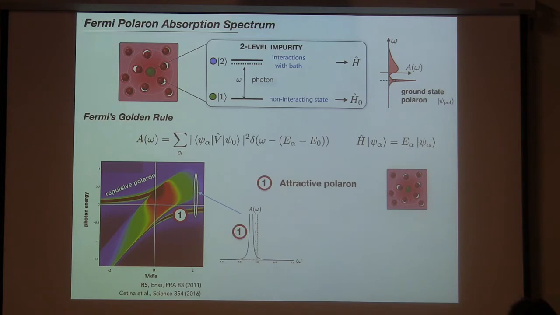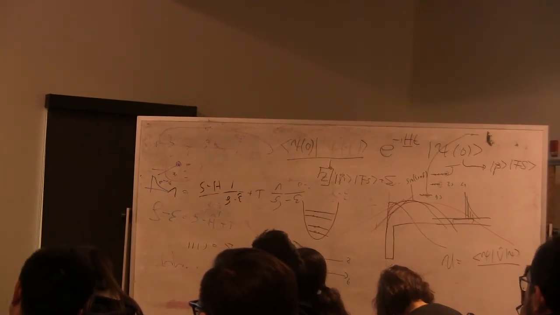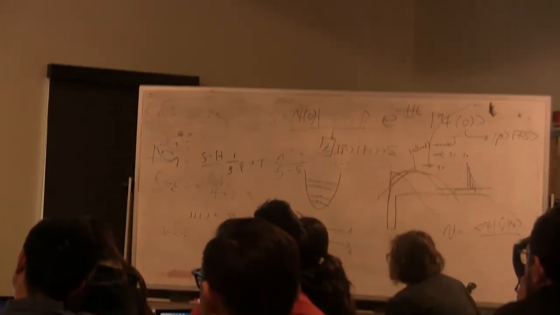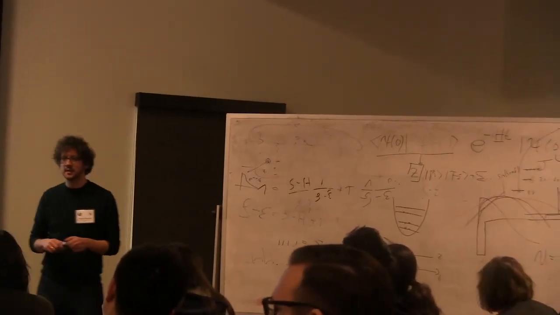But if it's tightly bound, this corresponds to a wave function which is exponentially localized on the scale of one over the scattering length. So the Franck-Condon overlap is tiny to get into that state. It's a solution of the problem, but you cannot address it with RF. So you have to do, let's say, adiabatic preparation of that state.